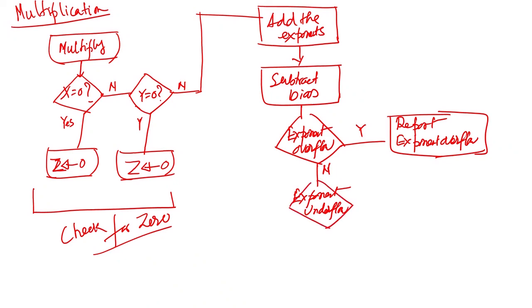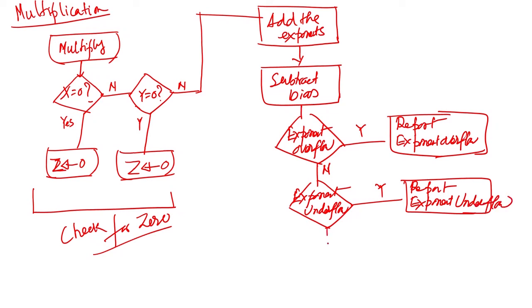If it is underflow also, you cannot do anything, you cannot represent it. So, you have to report exponent underflow. If it is no, then only you can multiply the significands, both the significands.